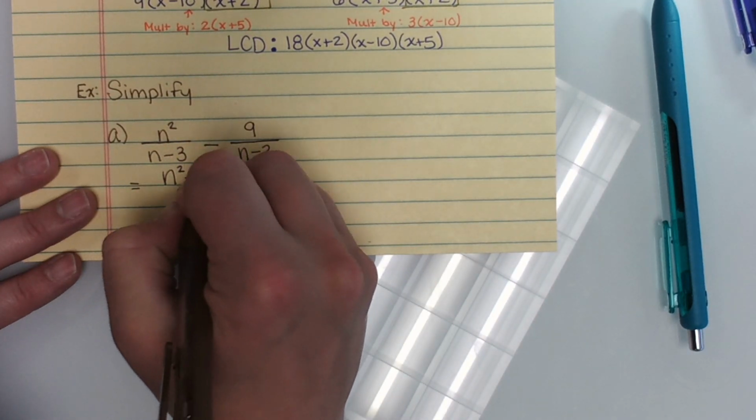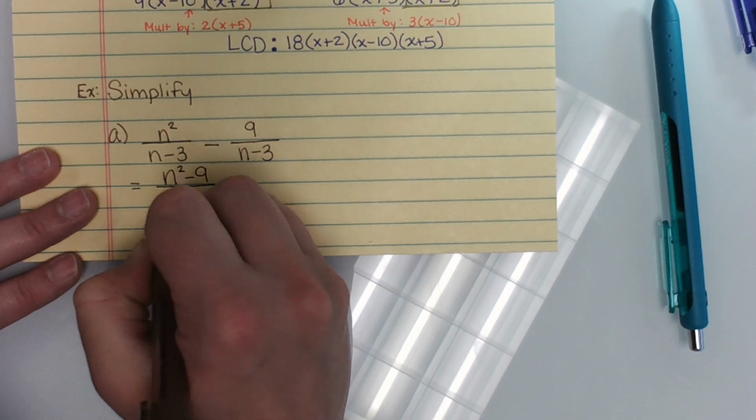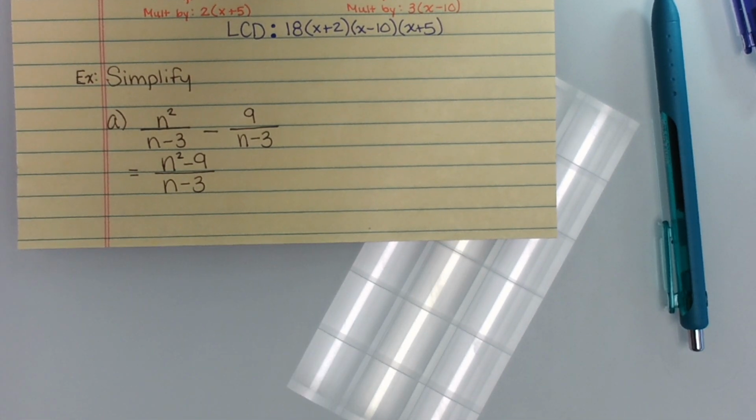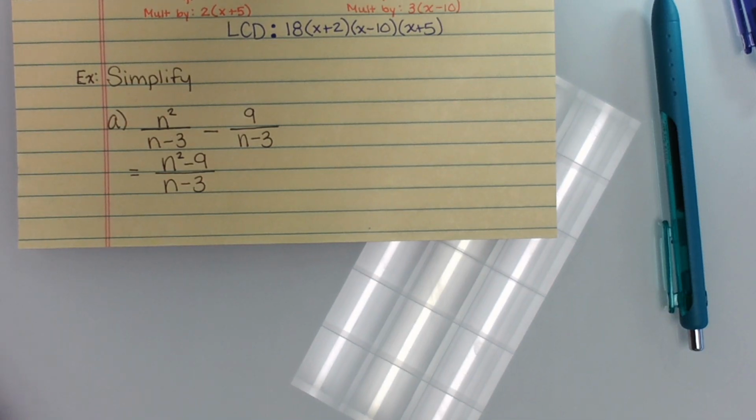What do I do with the bottom? In other words, keep it the same. After I subtract, I combine like terms if possible. Is it possible? No. But now I need to simplify the fraction. Do not forget, you have to simplify the fraction afterwards.